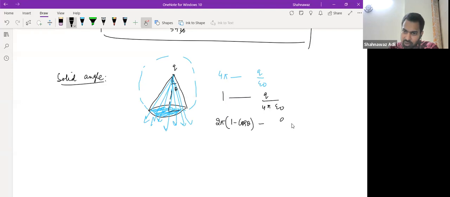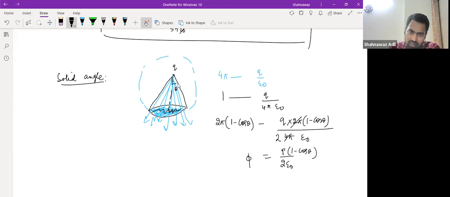So this would be q into 2 pi 1 minus cos theta by 4 pi epsilon naught. So due to this cone on this surface, the flux would be q by 2 pi epsilon naught times 1 minus cos theta, where theta is the angle in radian from this slant height. So this question we did, right, guys?